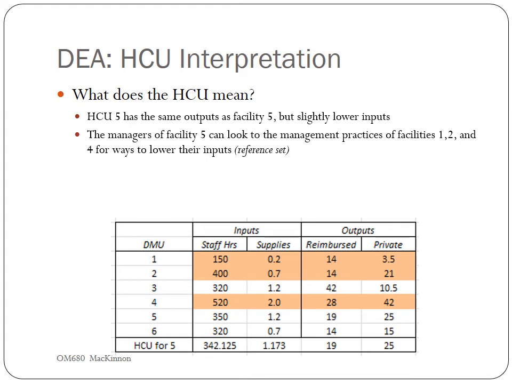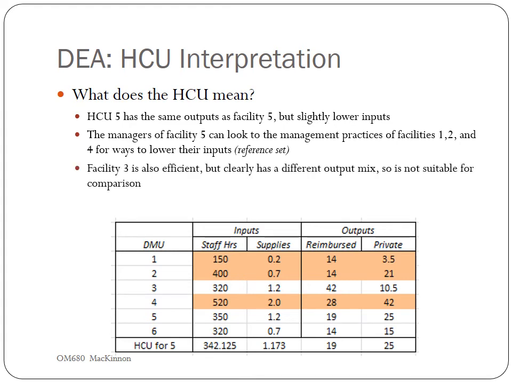Now, Facility 3 was also efficient, but as you can see, the output mix is clearly different than facilities 1, 2, and 4, which is why it's not suitable for comparison. We're better off comparing to DMUs 1, 2, and 4, because they have a similar mix.